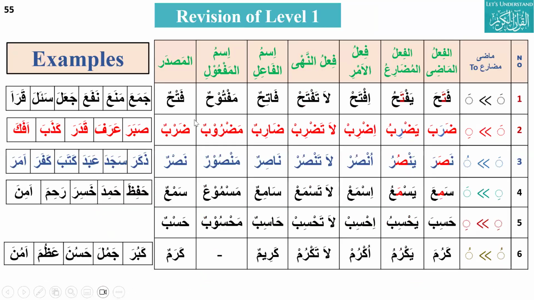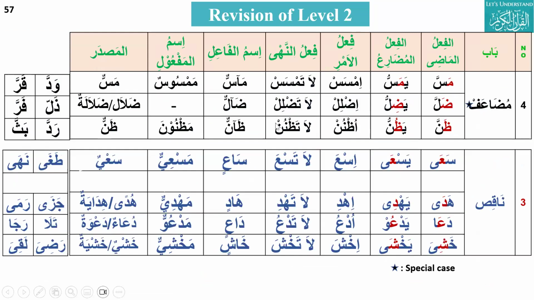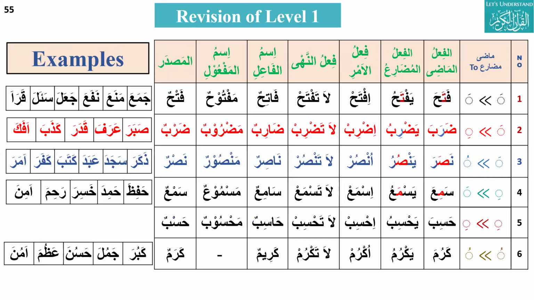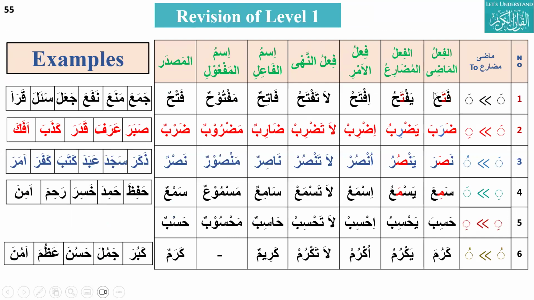So let's go to level 2. In level 2 we have almost 5 chapters, and a lot of vocabulary is covered. In level 1 and 2, basically all the verbs are three-letter verbs, called fail sulasi. Like here: fataha, daraba, nasara, samia, hasiba, karuma.